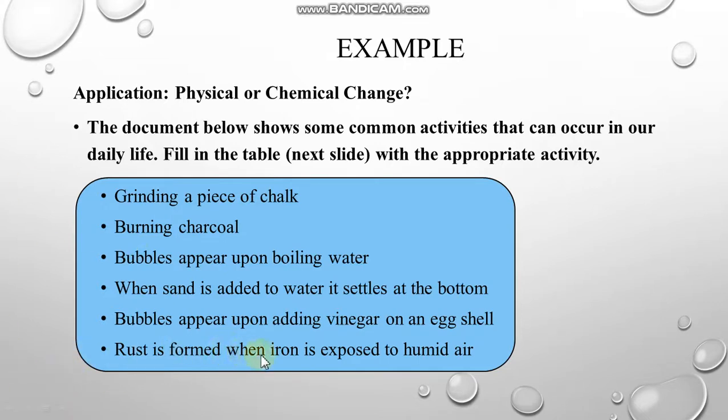Rust is formed when iron is exposed to humid air. لما الايرون يتعرض للهيوميد اير، الهواء الرطب، بيصير في عندي rust، الصدأ. Is this a chemical reaction or physical reaction? It's a chemical reaction because there is a change in color.